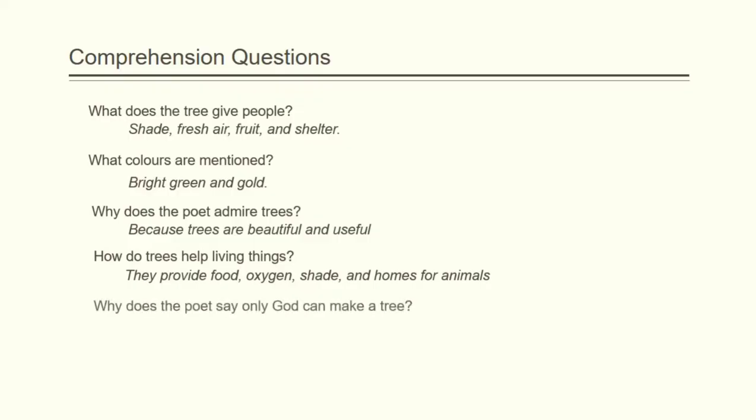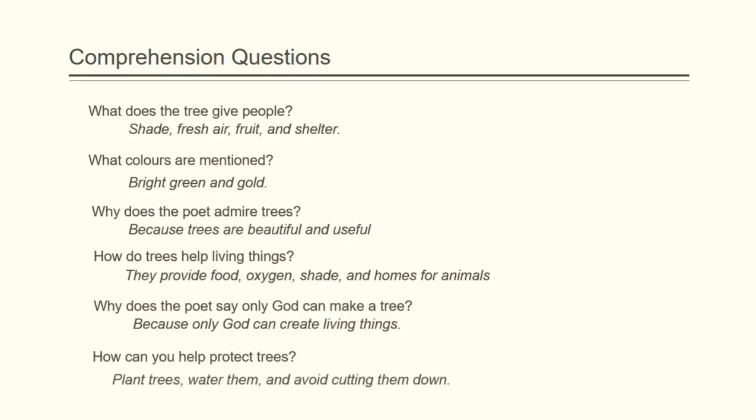Why does the poet say only God can make a tree? The poet says only God can make a tree because only God can create living things. How can you help protect trees? We can begin by planting trees, by watering them, and avoid cutting them down.